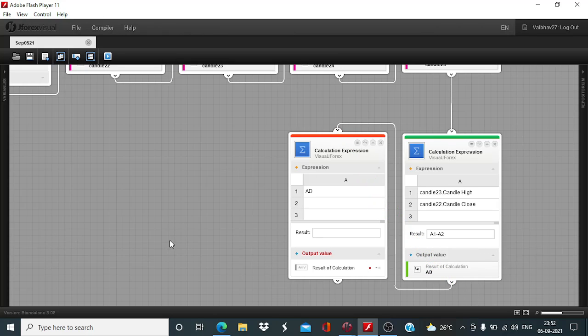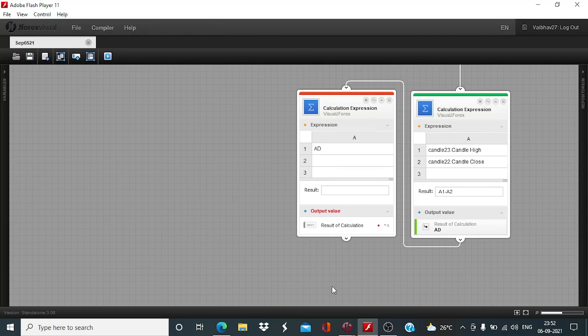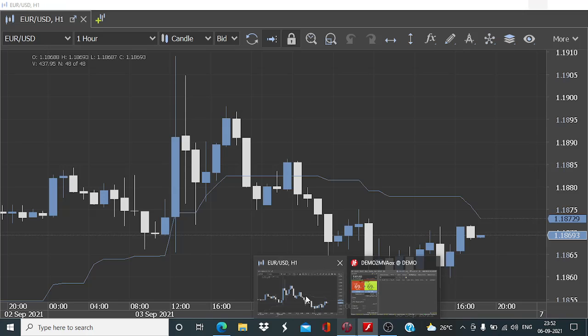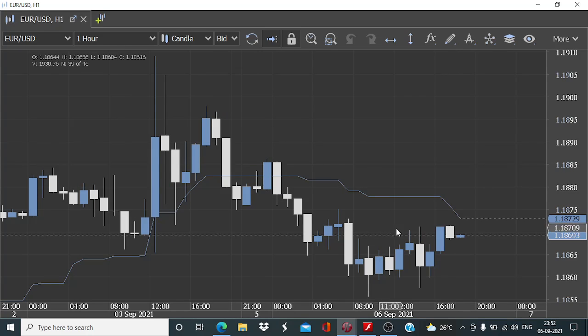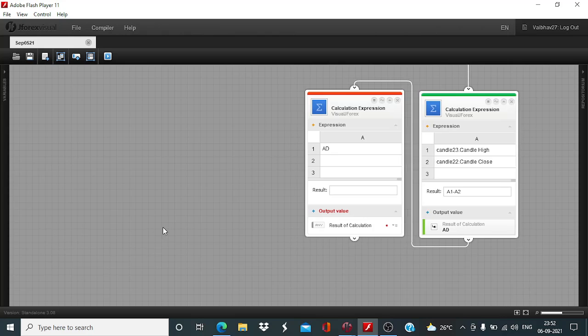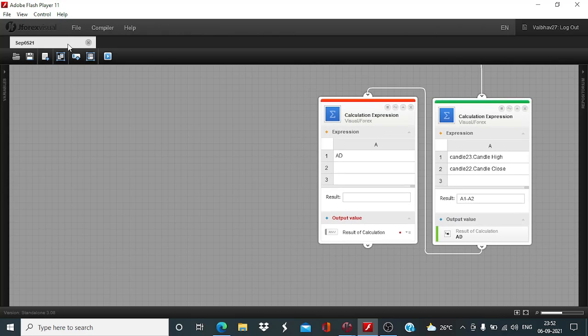Okay, and since Euro USD has 4 decimal points for 1 pip, we will take 10 raised to the power 4.